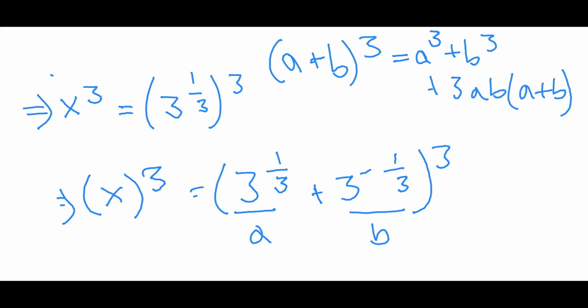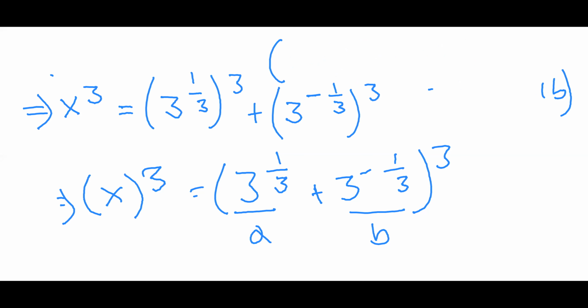Plus b cube, which is 3 to the power negative 1 by 3 whole cube. Okay, I removed the equation. I think you already have an idea about this.